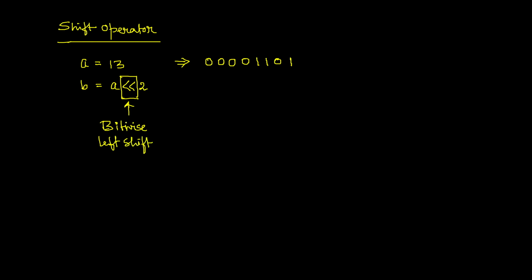Okay, bitwise left shift. How many times left shift? 2 times. Instead of 2 times, if you write 3, that means you will have a bitwise left shift 3 times. Now what does 2 times and 3 times mean? Let's try to realize it.